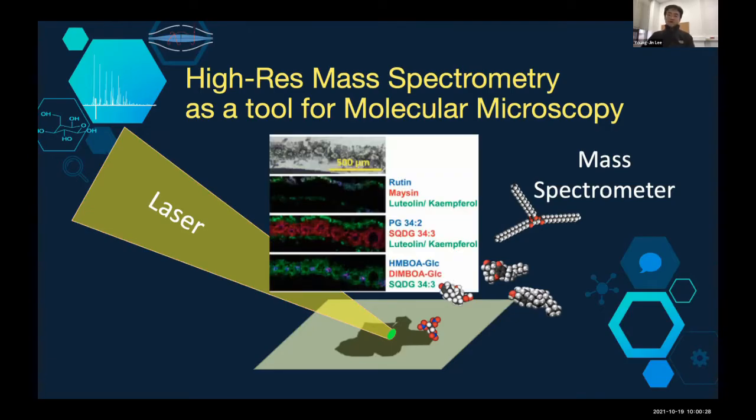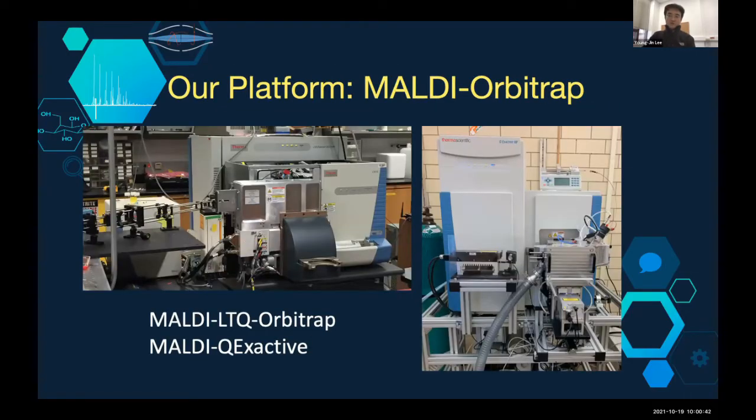So today I'm going to show you a few quick plant applications, then I'll talk about two new directions that we are trying. Our platform has been MALDI Orbitrap. Orbitrap is a high resolution mass spectrometer that can measure mass down to ppm level accuracy, and that is important for small molecules because there are so many possibilities.